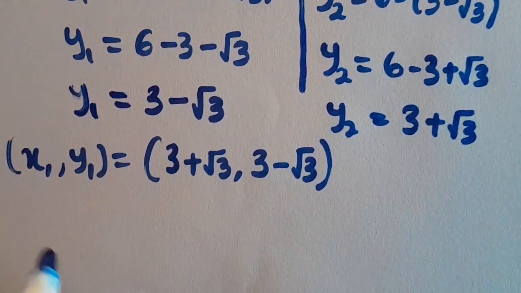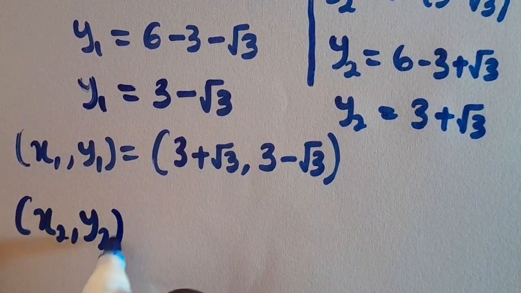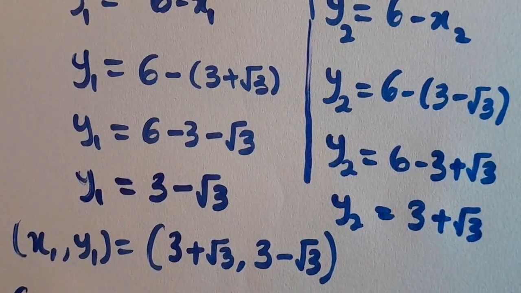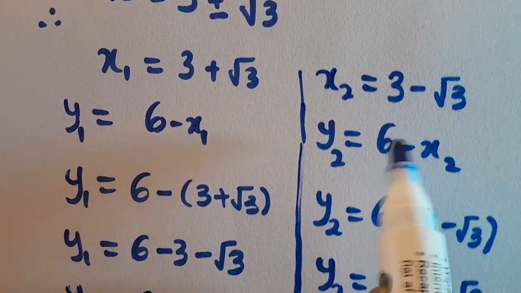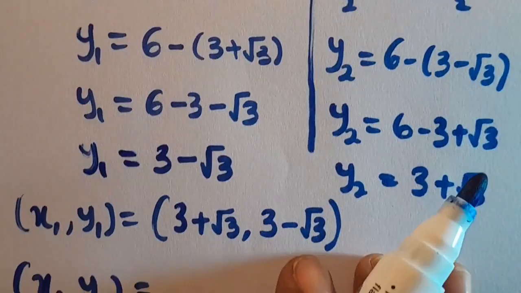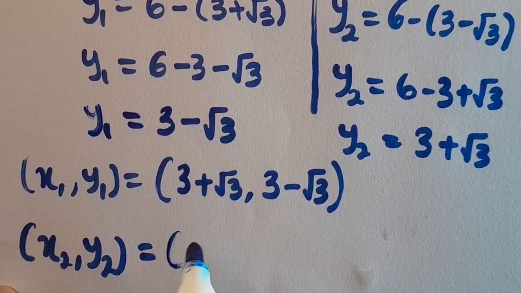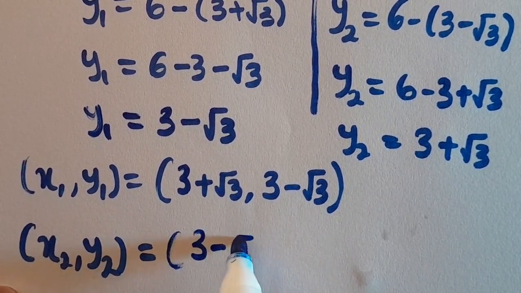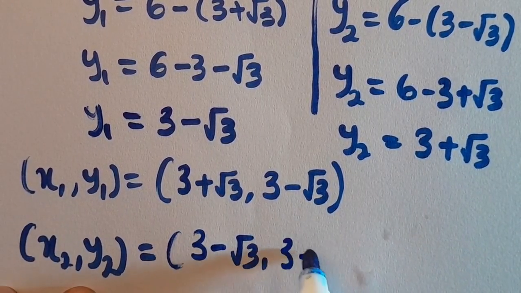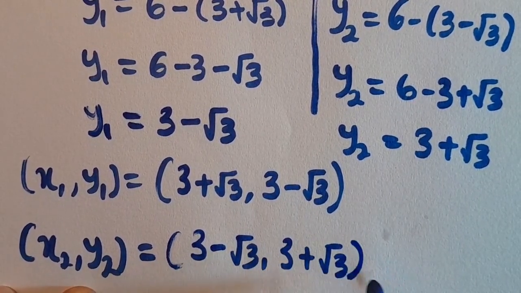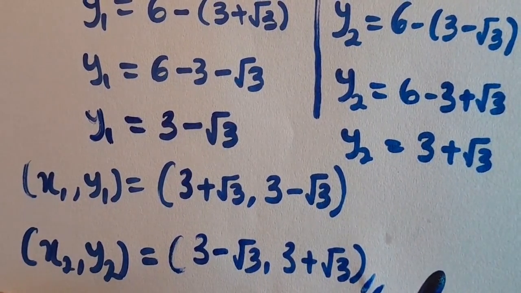So therefore our x2 comma y2 equals 3 minus root 3 comma y2 equals 3 plus root 3. And that is the final answer for the value of x and y.